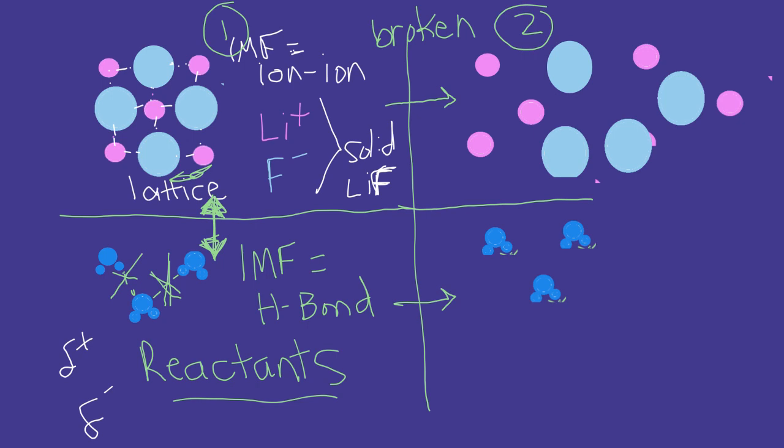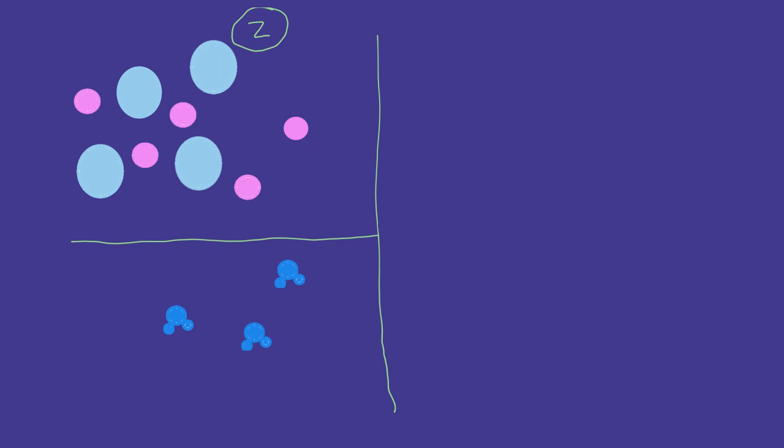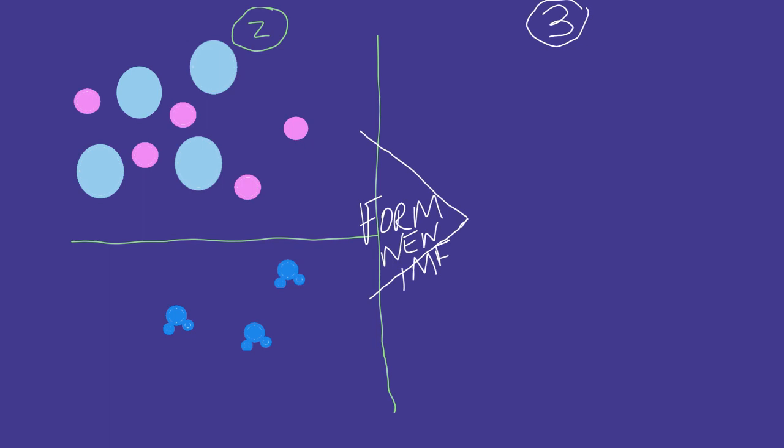And I need to clear some space. Okay, so I've cleared some space. I've moved everything that was on frame for part two, where we've broken everything, over to this side so that we have room for part three. So for part three, what we're going to see happen is, now that we've broken everything apart, these are going to merge and form new IMFs.